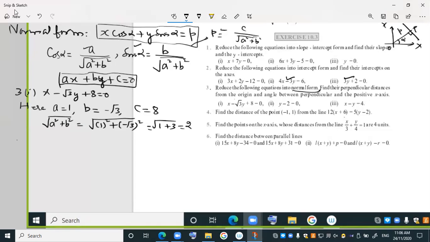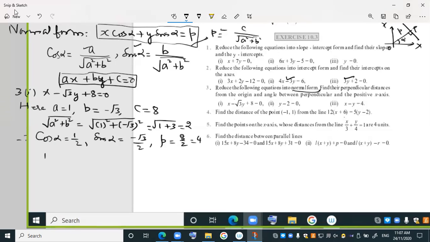So therefore, we can say that cos alpha is equal to a, which is 1 by 2, sin alpha is b by 2, b is minus root 3 by 2, and the value of p is equal to c. What is c? C is 8. Yes, 8 by 2, that is 4.